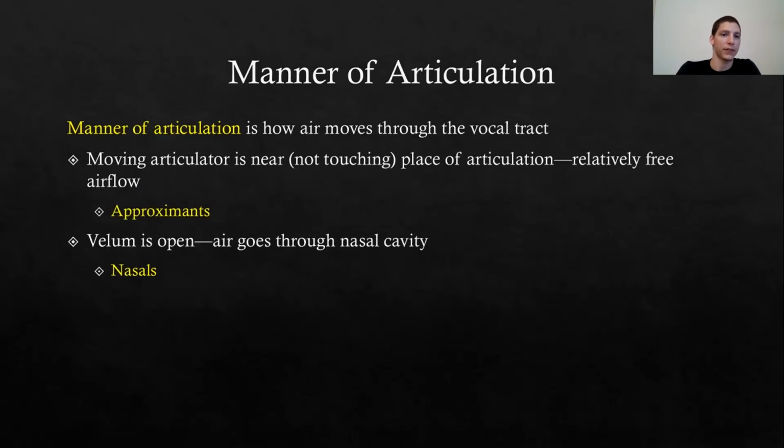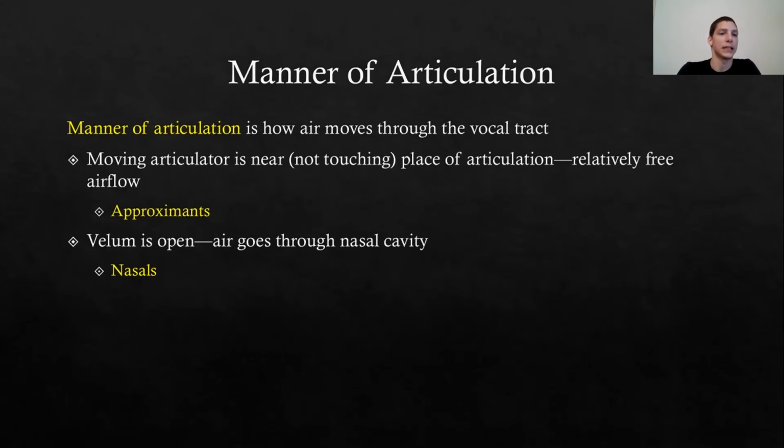If this is going by a bit fast, don't worry, there's a chart summarizing all of this coming up soon. The next category of sounds is when a moving articulator is near, but not really touching a place of articulation. One of those cases is in the production of R. So in read, you might feel that your tongue isn't necessarily touching the alveolar ridge.